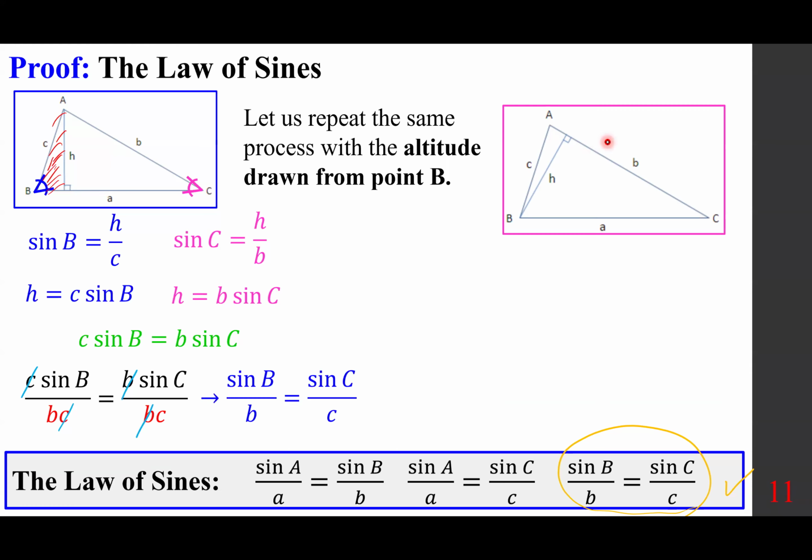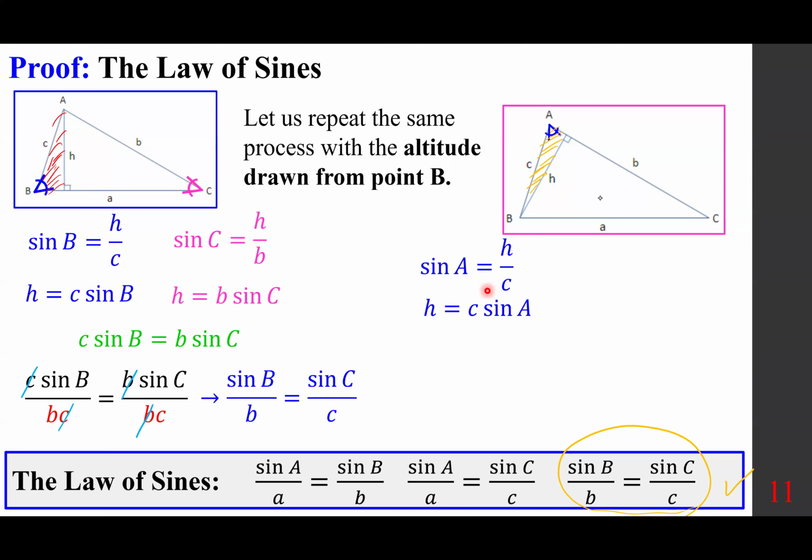And so if I want to calculate sine of A, again using the smaller triangle, sine of this angle is the opposite, which is h, over the hypotenuse, which is c. Cross product will give us h. H is c sine A.